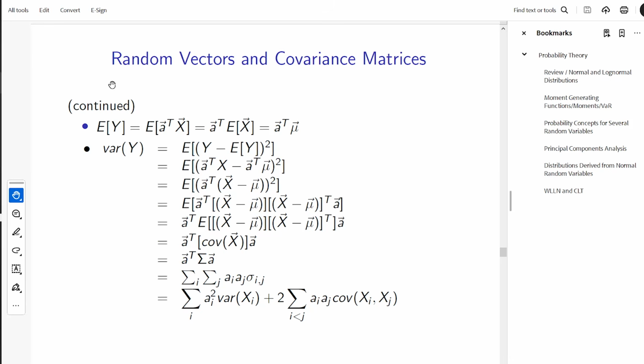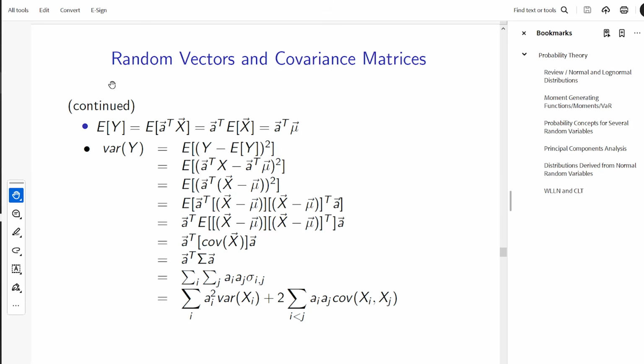Then we are able to pull out the constant vector A transpose in the front of the expectation and actually in the back of the expectation. So these coefficient vectors are constants and can be pulled out of the expectation computations. And then this middle term here is simply the covariance matrix of X.